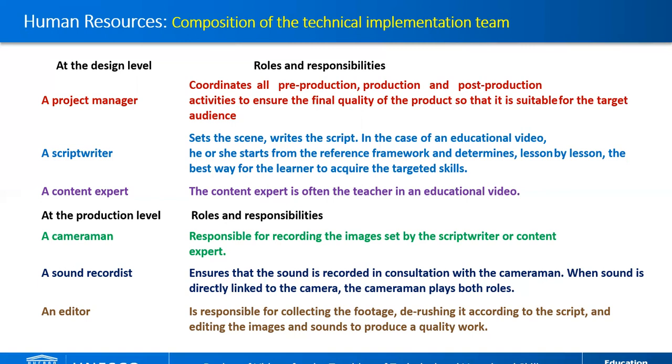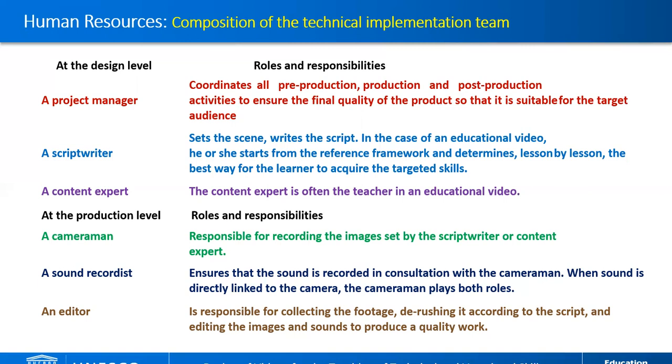At the production level, we have a cameraman who is responsible for recording the images set by the script writer or content expert. Another human resource at the production level is a sound recordist, who ensures that the sound is recorded in consultation with the cameraman.